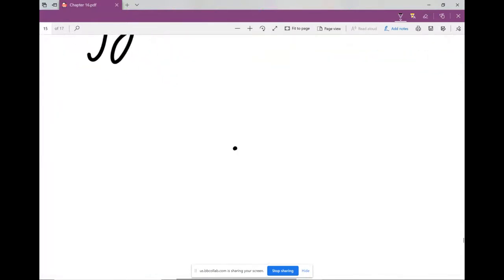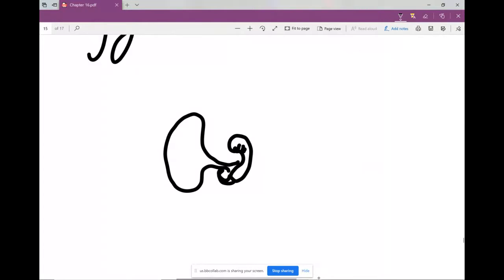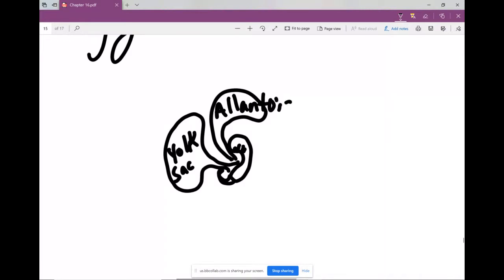Okay, so here's the embryo. Pouches and a little tail. All right. You have a yolk sac, and that's for food. You have another sac. Call it the allantois. That's for getting rid of waste.